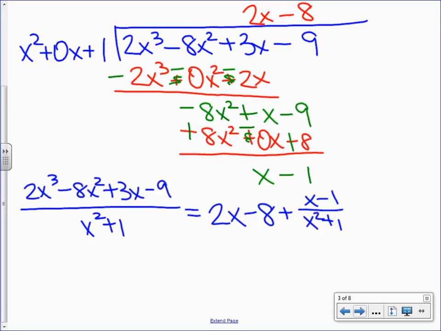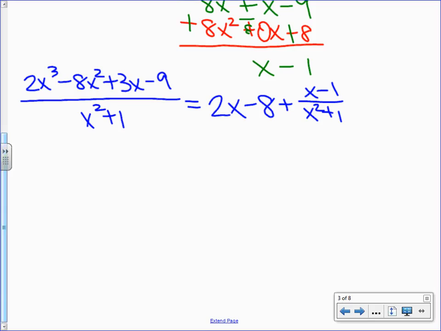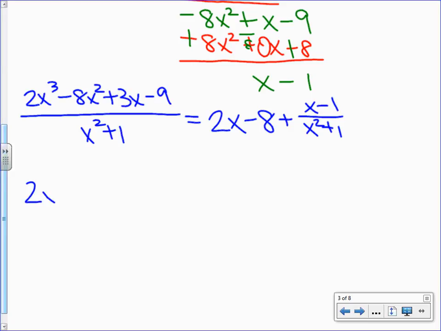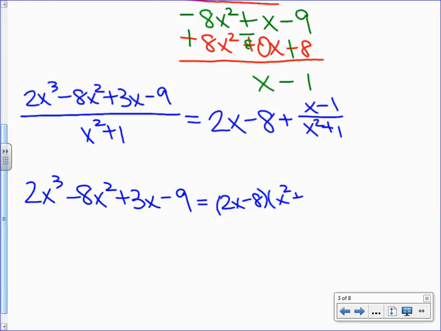Now, if we use the division algorithm, we can write 2x cubed minus 8x squared plus 3x minus 9. If we multiply both sides by the divisor, this dividend is 2x minus 8 times x squared plus 1, plus x minus 1.